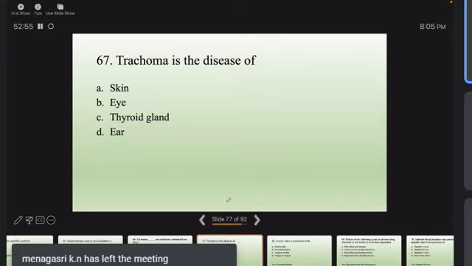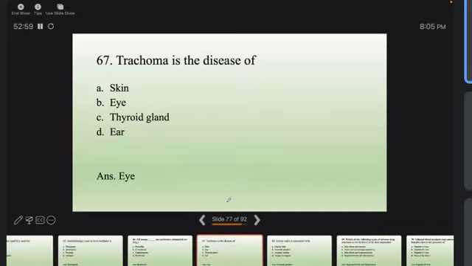The answer is eye. It can be confused with the ear, because the tube that leads from our eardrum, the eustachian tube, is sometimes called tracheae. So we may mistake it with ear, but the answer is eye.